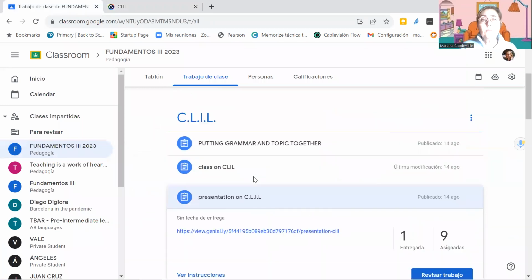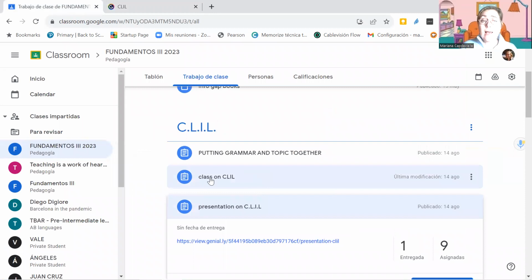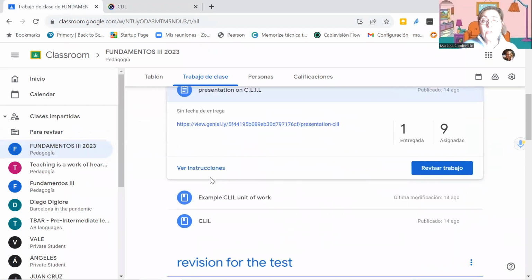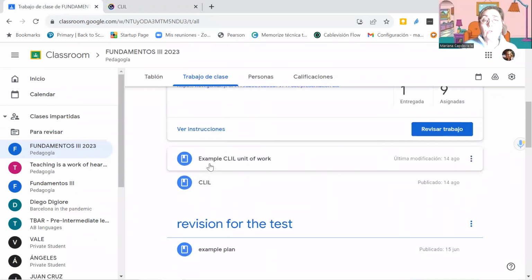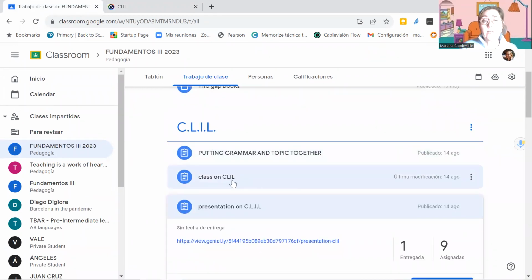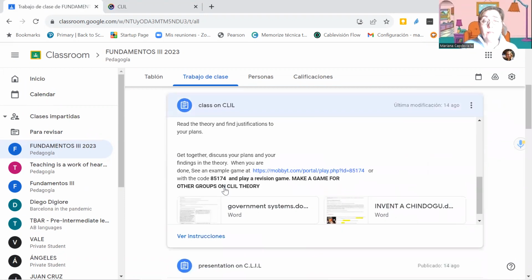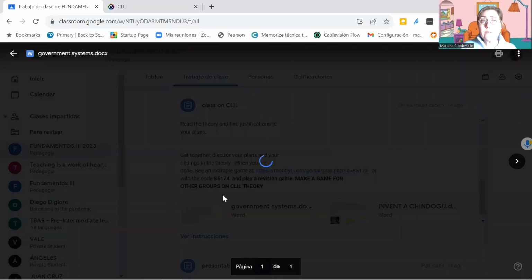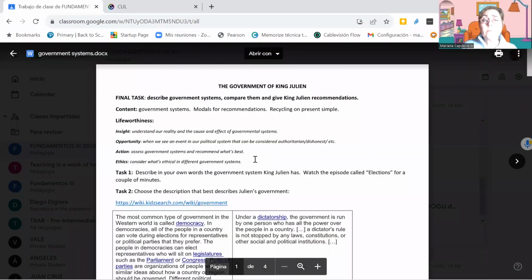Now in classroom, you have an example class on CLIL, which is something that, oh yeah, you have an example of government systems, you have an example class of making a shindogu, an example grid of a class.